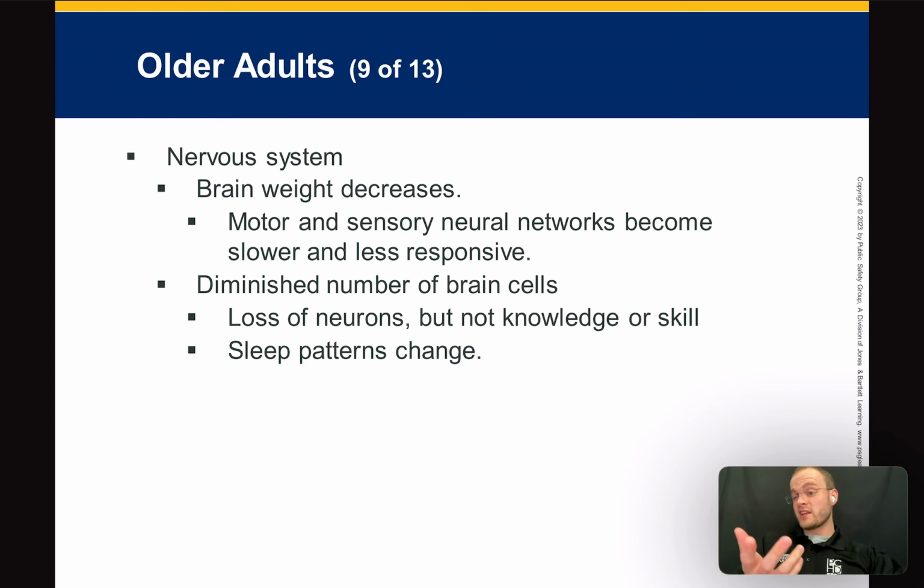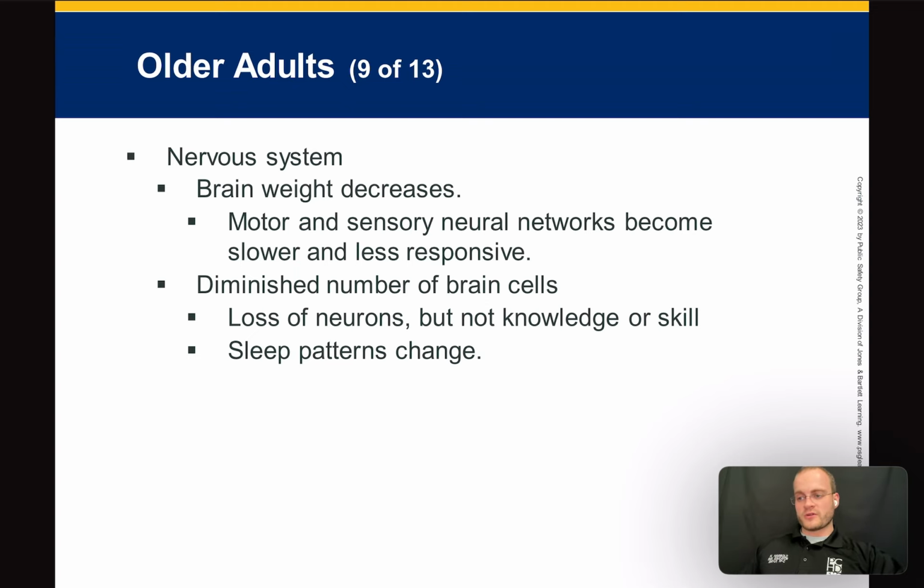And you probably will successfully catch yourself or maybe not even hit the floor. Or if you're walking and you trip on a rug, you're probably not going to end up hitting the floor. But what happens is in older people, their motor and sensory network is not as fast as processing data to where when they trip on a rug or they get pushed or they miss a step or whatever, they may not be able to catch themselves as quick.